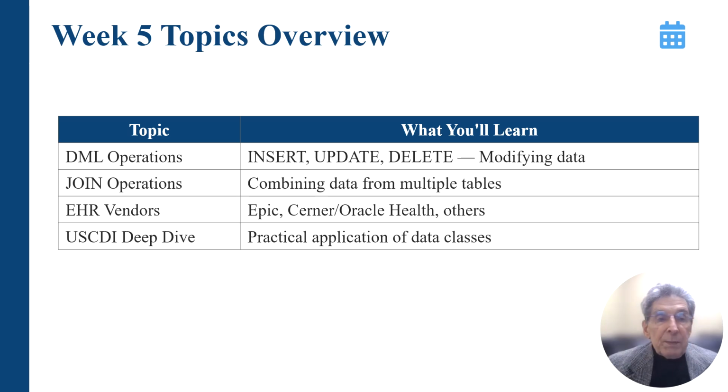We're going to also talk a little bit about the EHR vendors, predominantly Epic, but also Cerner, Oracle, and a little bit about some others, especially OpenEHR. Then finally, we'll do a big deep dive on the USCDI for interoperability. This is the core implementation guide. So we need to be very, very familiar with that.